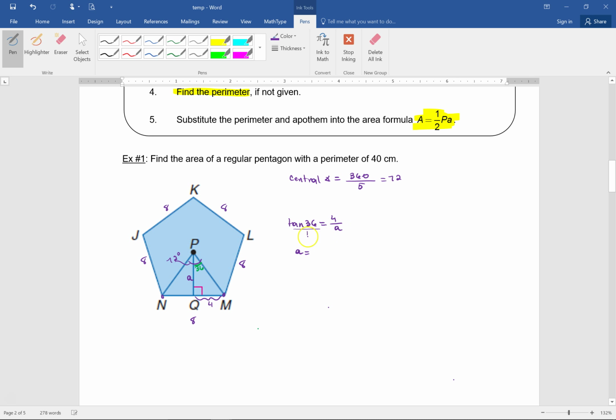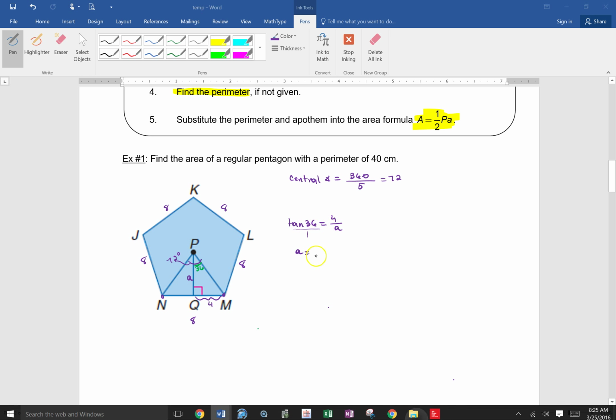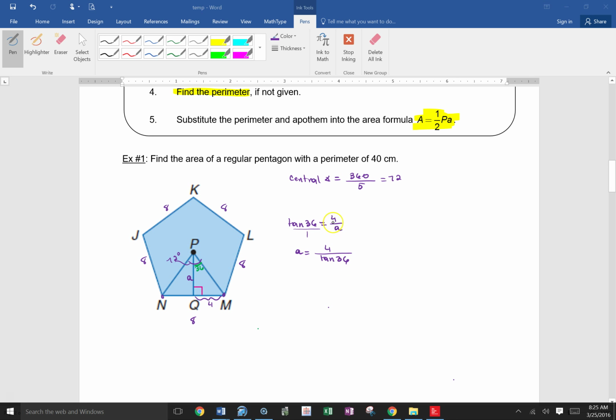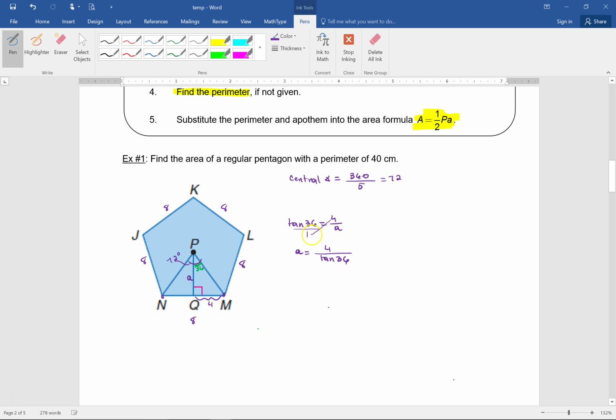If this is over 1, then A is equal to 4 over tangent of 36. Because, remember, we divide like this, we multiply like this, 4 times 1, divided by that. The A then is 5.5.